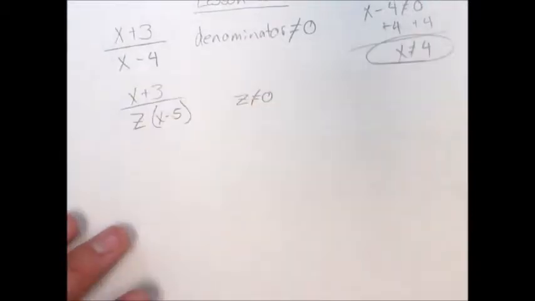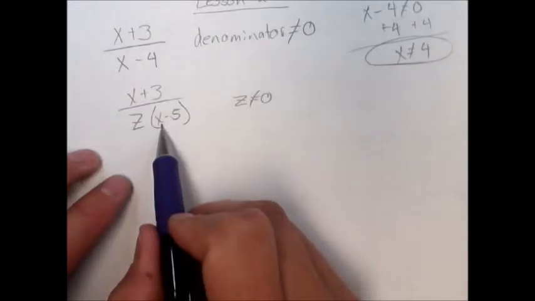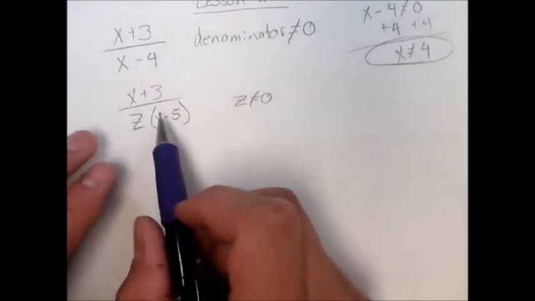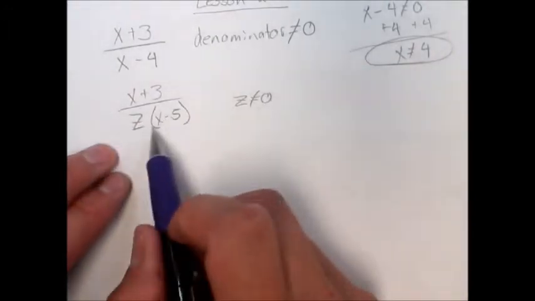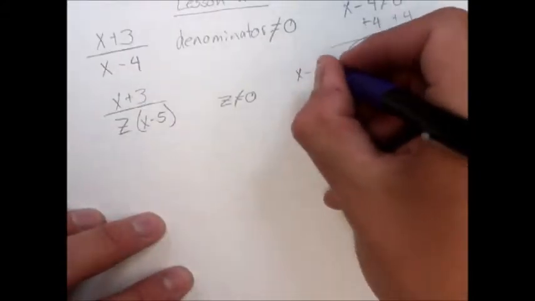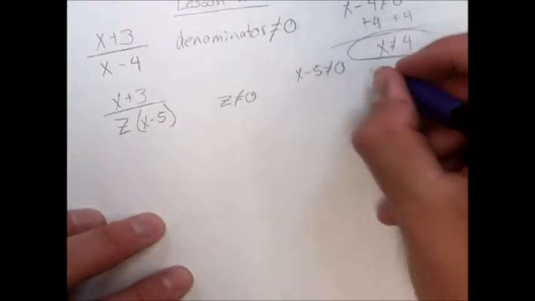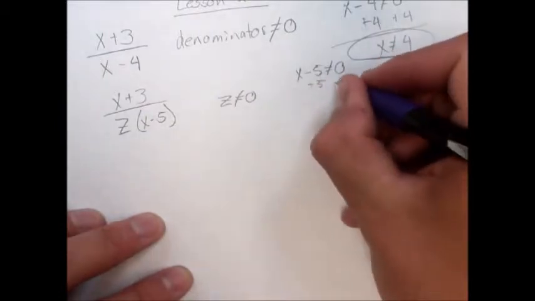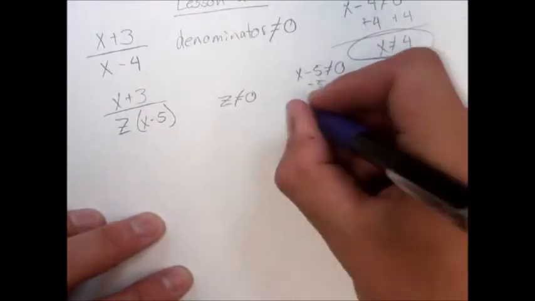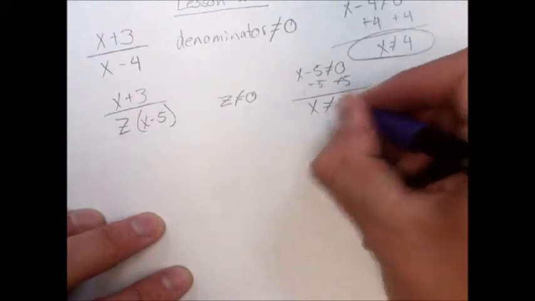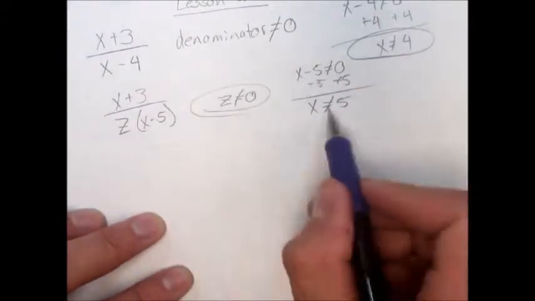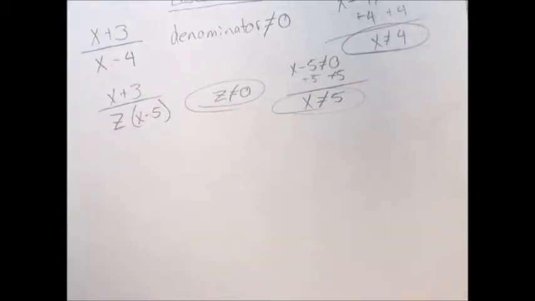The second part would be anything inside my parentheses that would make that equal to 0, because that's multiplication. There's a zero product property there. So I take my x minus 5, set it equal to 0, and solve. Add 5 on both sides, so x cannot equal 5. So here are my two excluded values for this one.